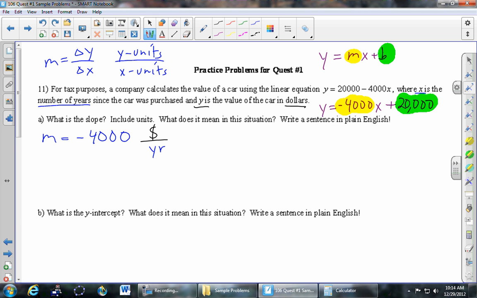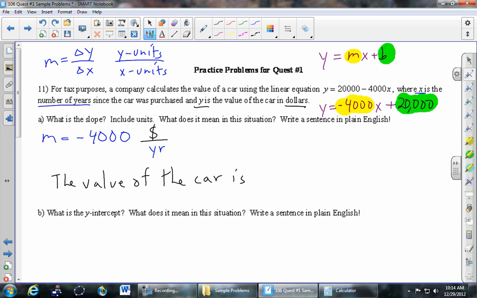What does it mean? Well, this problem here is talking about the value of a car as time passes. So the value of the car is changing by negative $4,000 per year. So basically we just write that. But instead of writing that the value is changing by negative 4,000 per year, which is correct, it's maybe a little bit cleaner to not include the negative, but rather use a different word than changing.